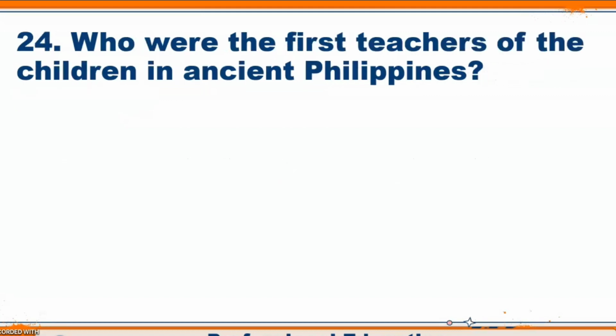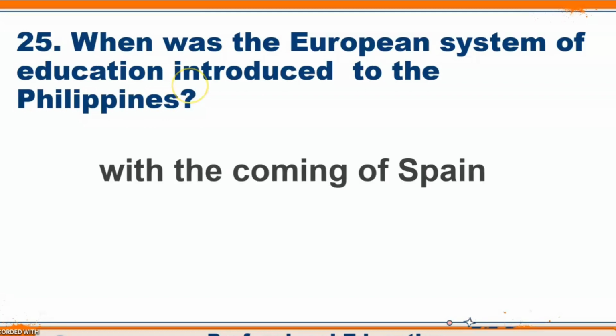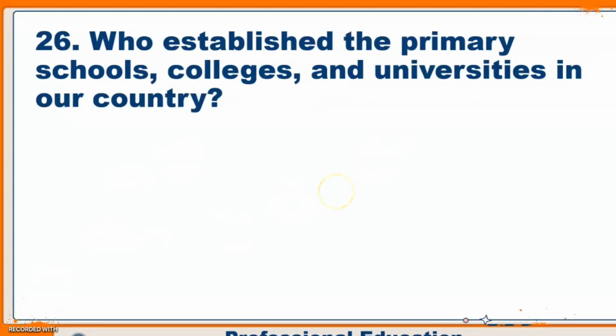Number 24. Who were the first teachers of the children in ancient Philippines? Parents, of course. I think until now. 25. When was the European system of education introduced to the Philippines? With the coming of Spain. Number 26.